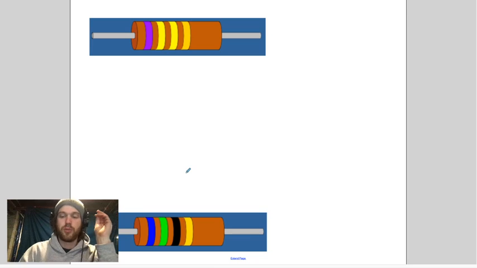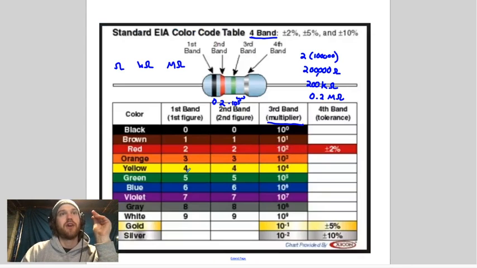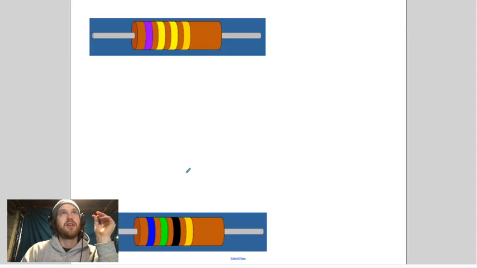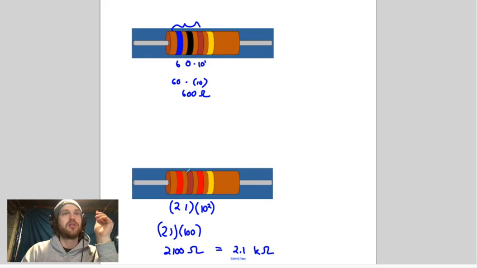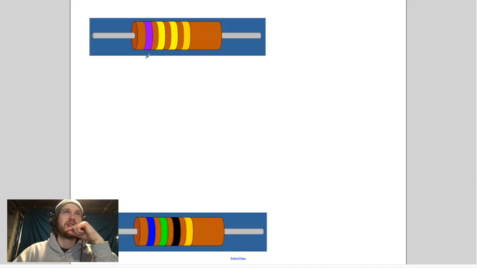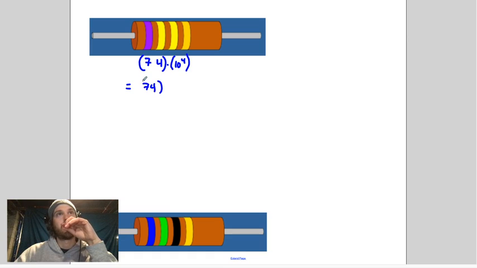Okay, let's do another one. Ooh, purple. Let's take a look. Purple, or violet rather, is 7. 7, yellow, so it's purple, yellow, yellow. Interesting. Yellow is 4. So that is going to be 7, 4, and then our multiplier is times 10 to the 4th. 7, 4 times 10 to the 4th, which is 74 times a 1 with 1, 2, 3, 4 zeros, which is 7, 4, and then add 4 zeros.